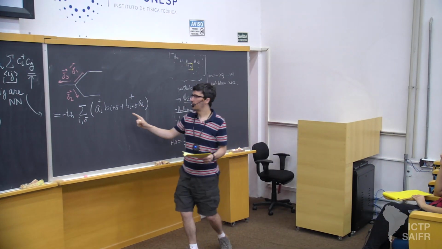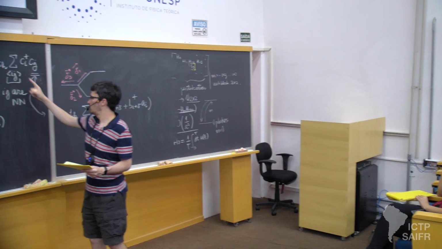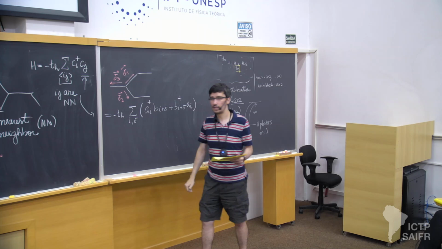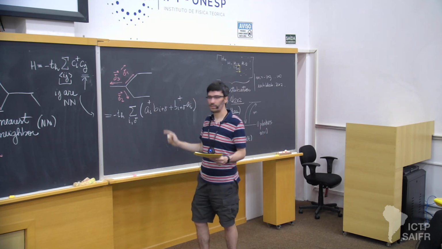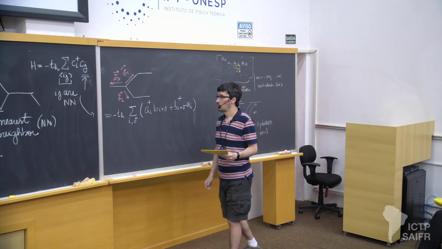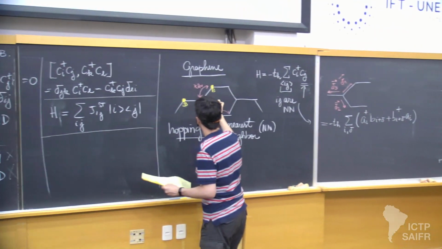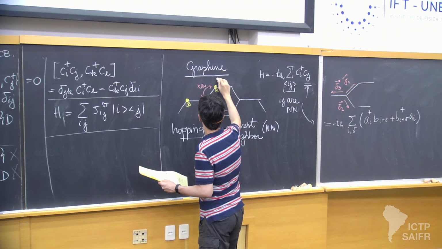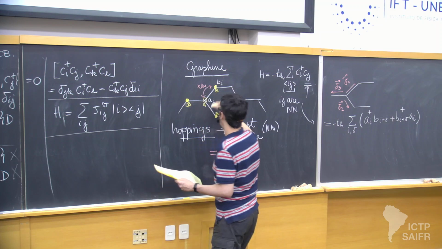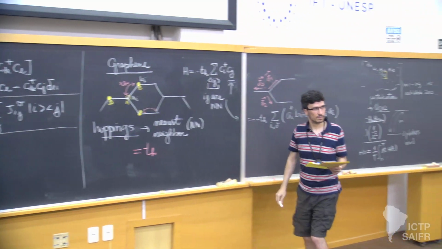This is just rewriting this Hamiltonian in terms of this notation a and b, where a and b live on each sublattice. So in each sublattice A, I will define a second quantized operator a_i, and in each B, some operator b_i.